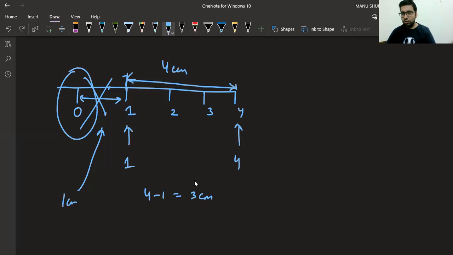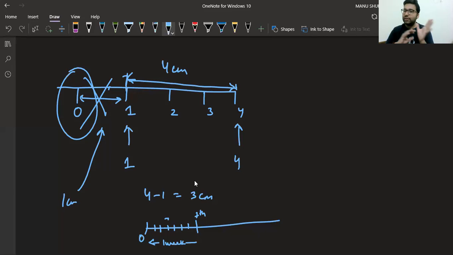Similarly, in the weeks also, in the starting, you are taking it as 0 because you are starting the time to count now. After 7 days, so 1, 2, 3, 4, 5, 6, 7. On this day, the 7th day, you have got 1 week complete. This is our first week.